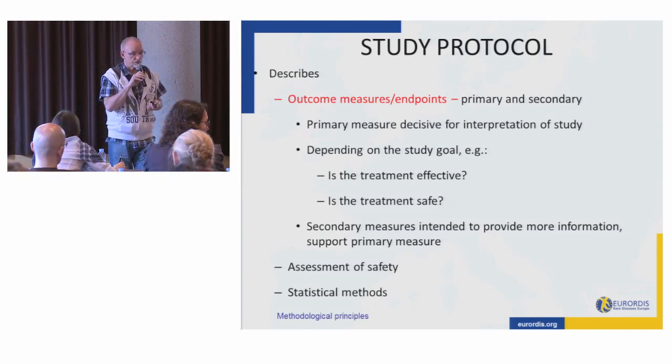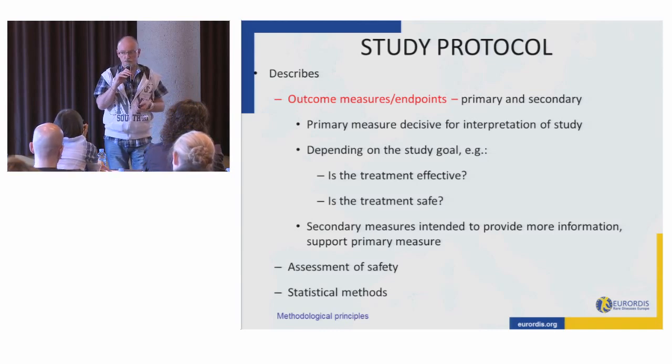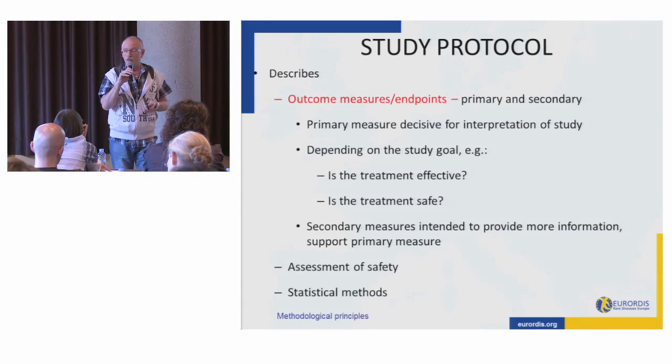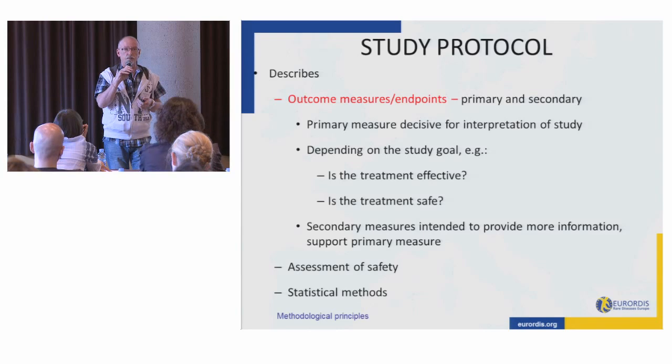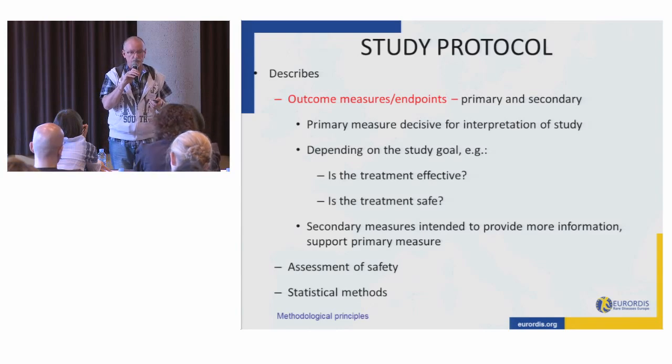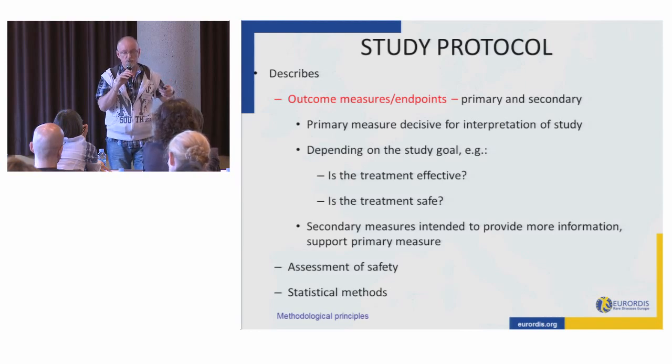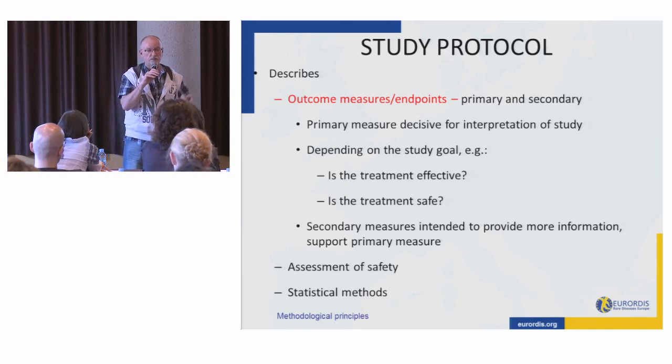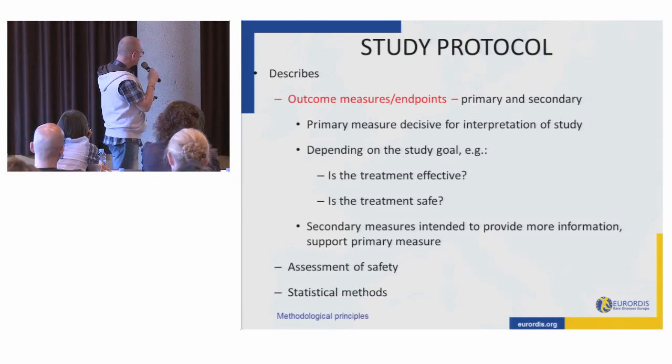Both have to be met for the study and the treatment to be considered a success, but you will have supportive efficacy measures, including quality of life. You will have healthcare use. You will have global evaluation of the patient's status, and so forth. Those are supposed to show supportive effects that support the outcome on the primary endpoints.